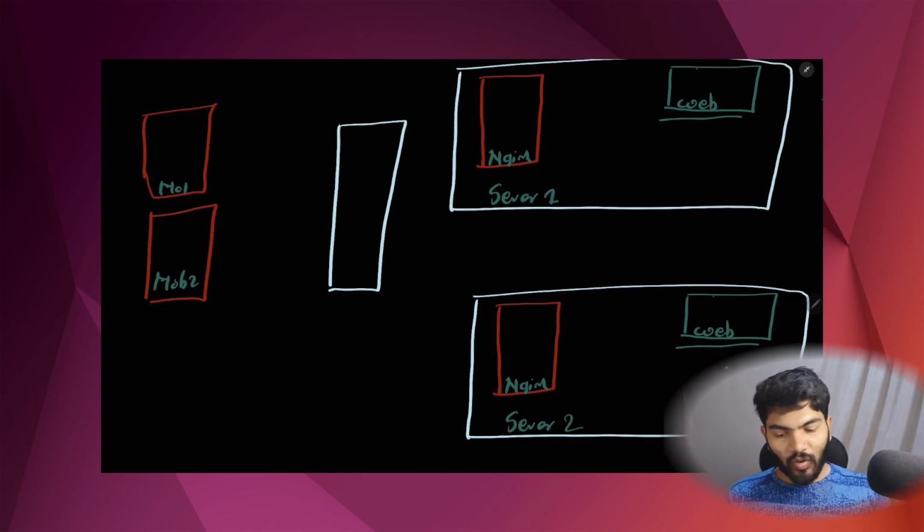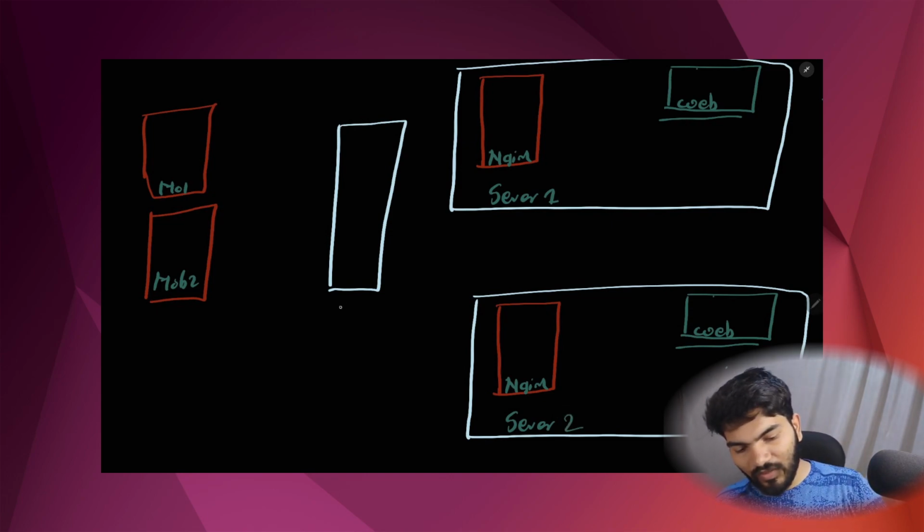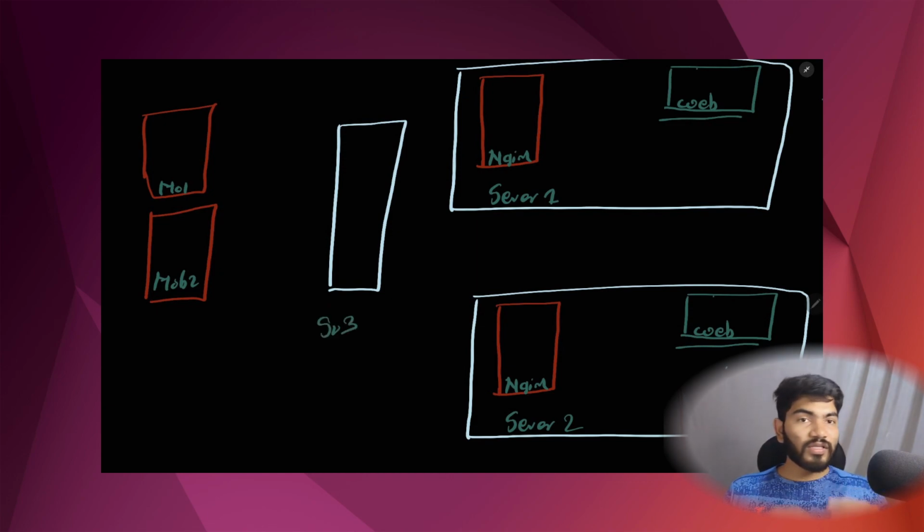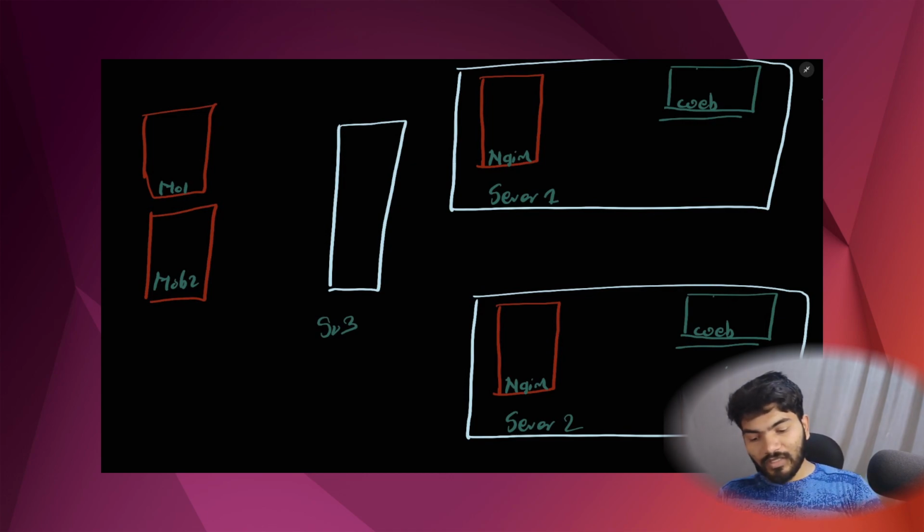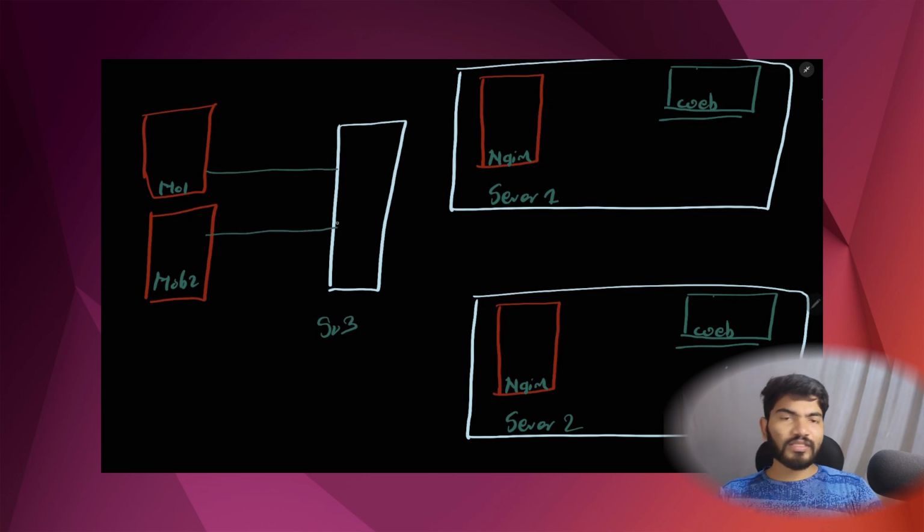Now this middle server that we have added, let's call it server 3. Server 3 acts as a load balancer. What is a load balancer? The one that is responsible for dividing the load between two or more locations is called a load balancer. Let's imagine these mobile phones are sending requests.